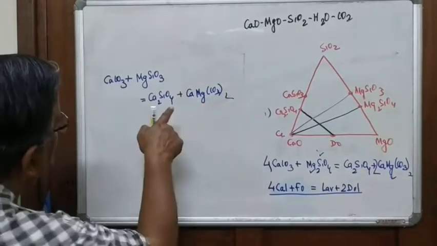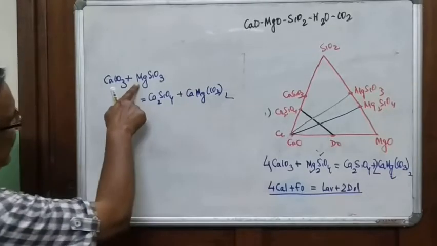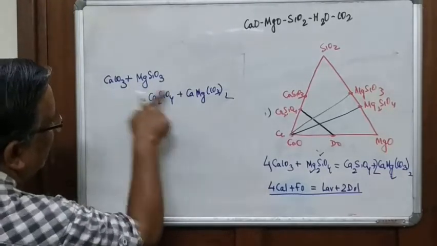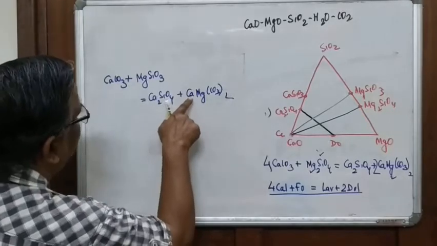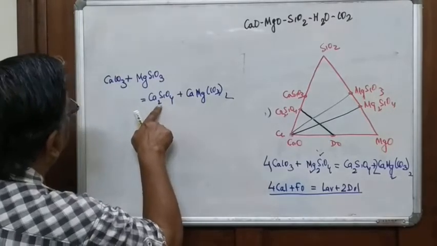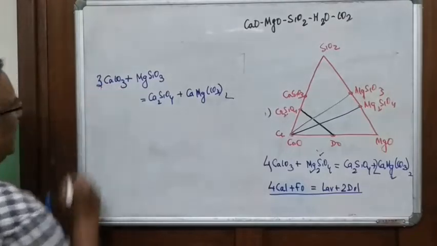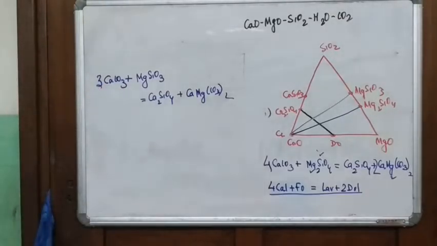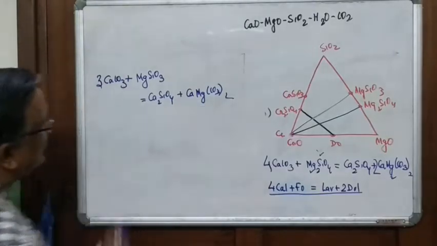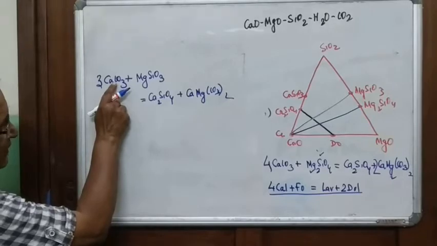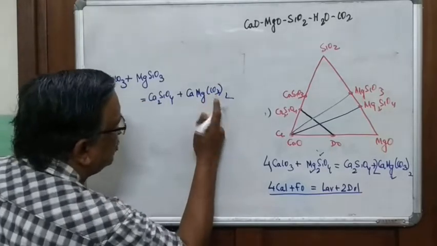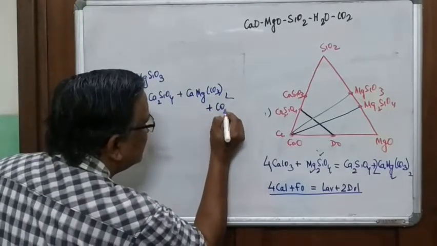So again we go for this balancing, and you see magnesium is already balanced. Silicon is already balanced. So you have calcium, 2 plus 1, 3 calcium. So this should be 3 calcium. But when we go to carbon here, you see there are 3 carbon, and here there is only 2 carbon, so plus CO2.